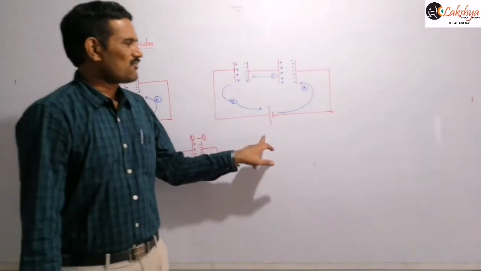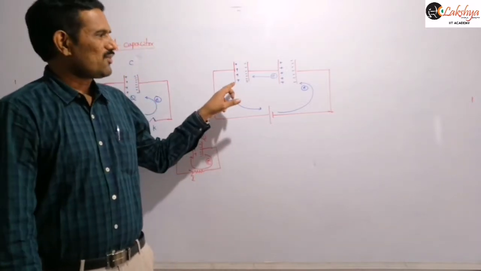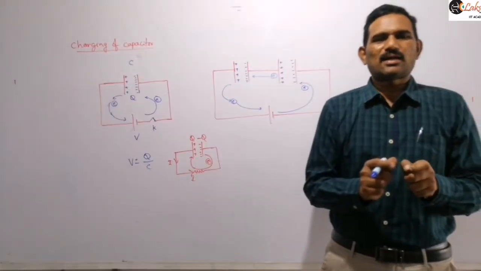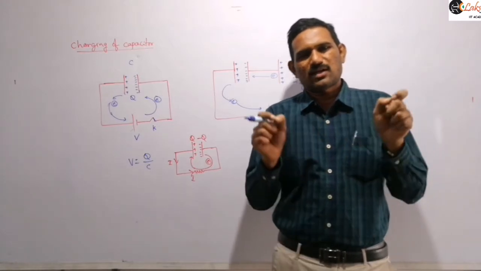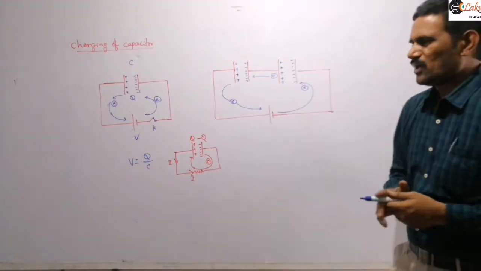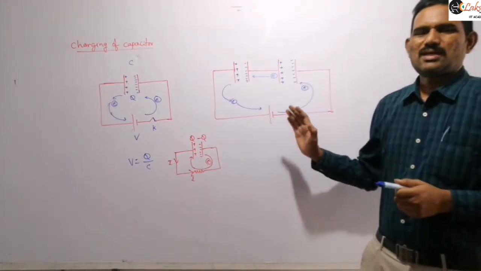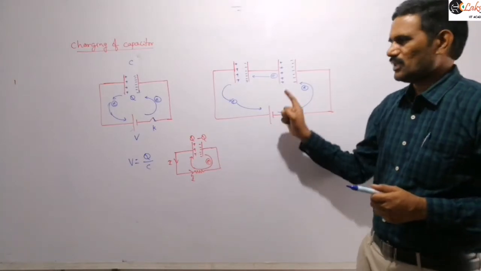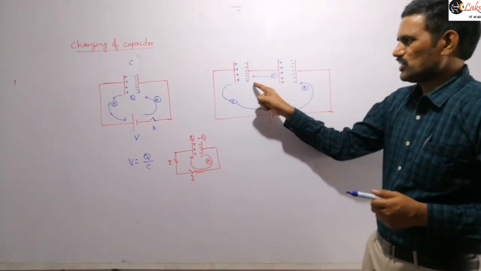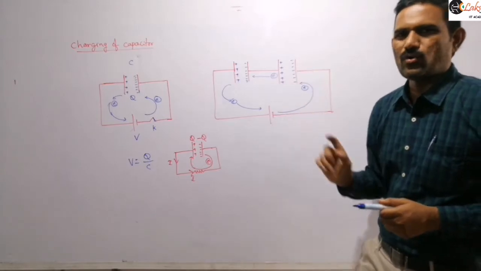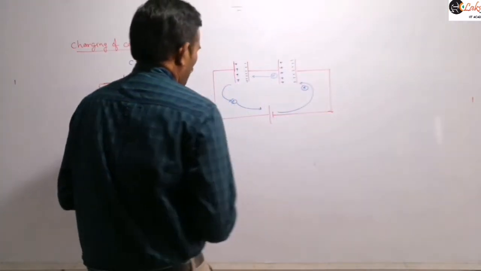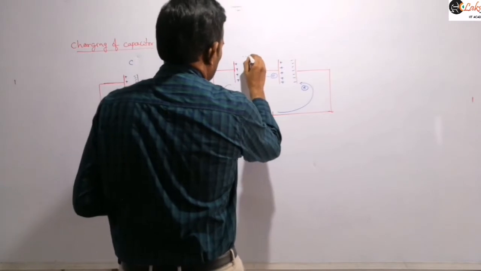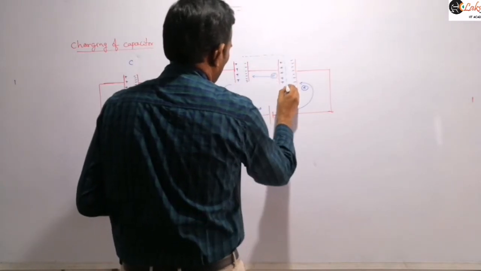Then this battery will supply the charge only for this first plate and the last plate, that is, the plates directly connected to the terminals of the battery. For those plates only, charge will be directly supplied by this cell. These two middle plates together are called isolated plates.